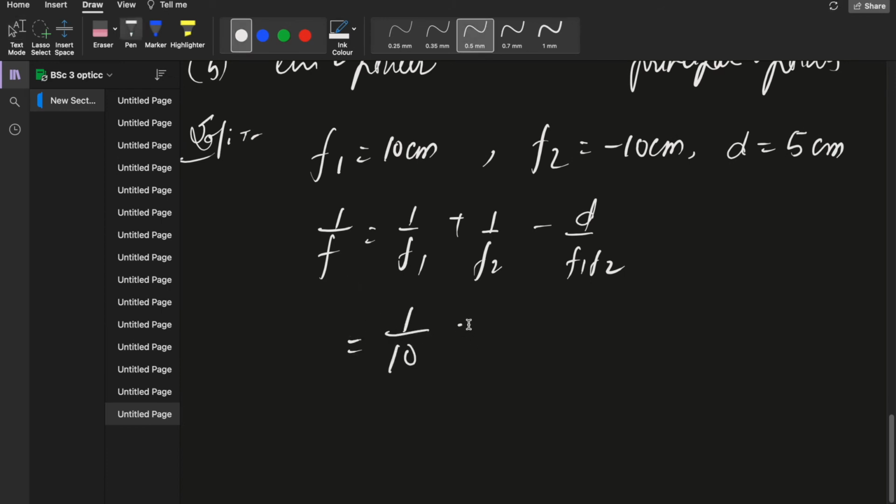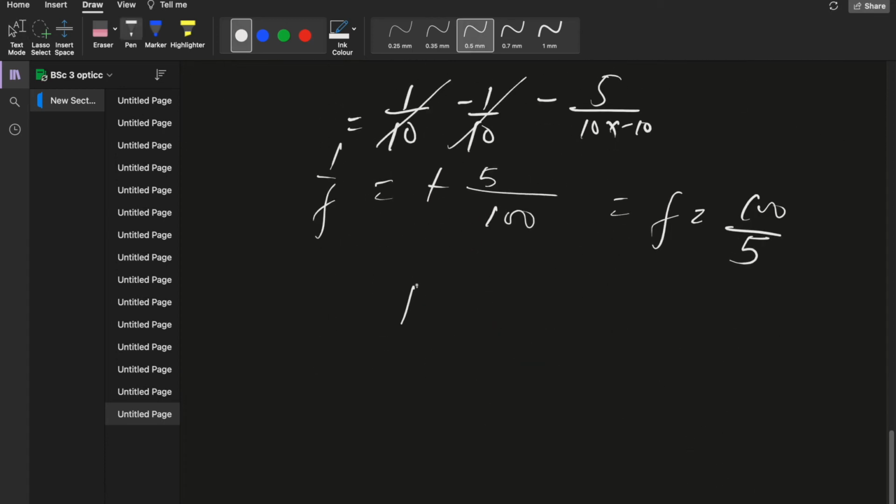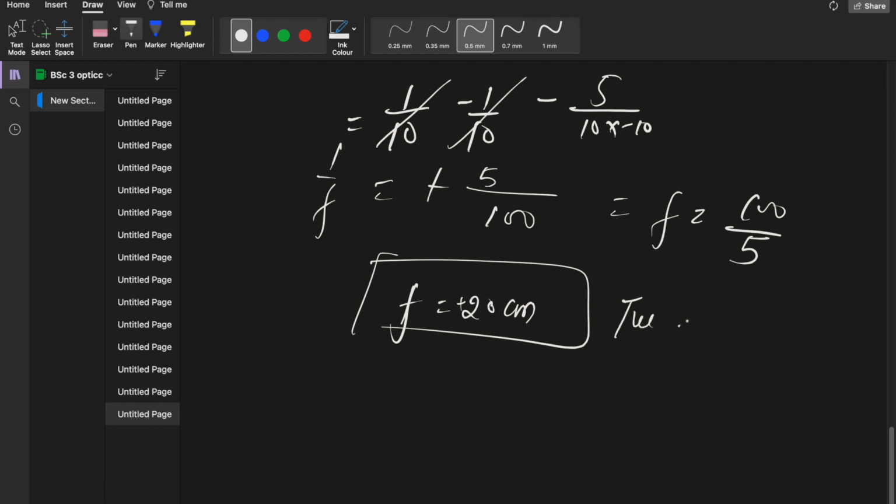This is 1 upon 10 minus 1 upon 10 minus 5 upon 10 multiplied by minus 10. The first two cancel out, and minus 5 upon minus 100 gives plus 5 upon 100. So f becomes 100 upon 5. So the equivalent focal length is plus 20 centimeter.